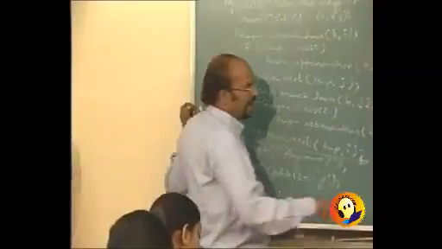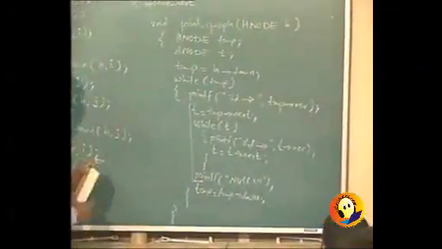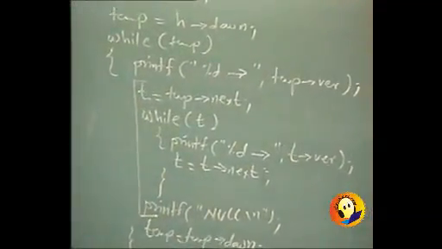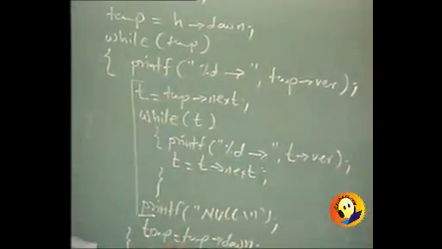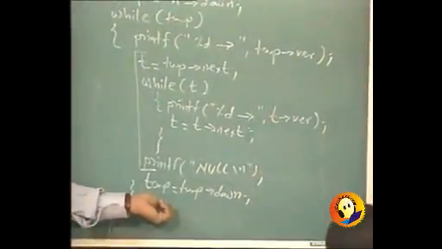You will find that without this block, it will print only the down list. Print the node, go to the down, print the node, go to the down. So only down list will be printed.